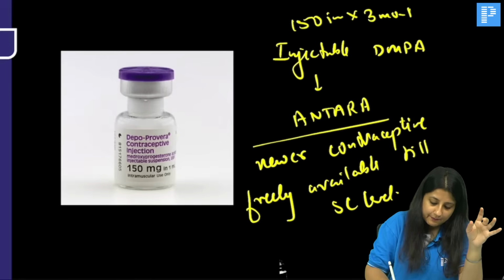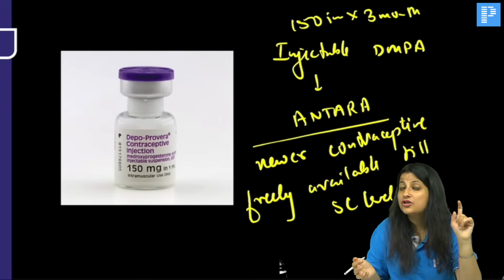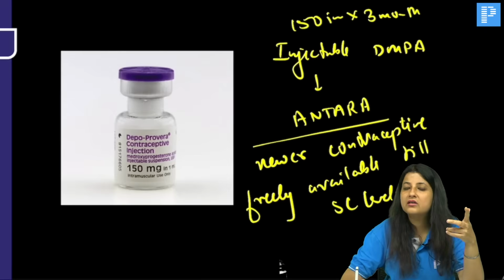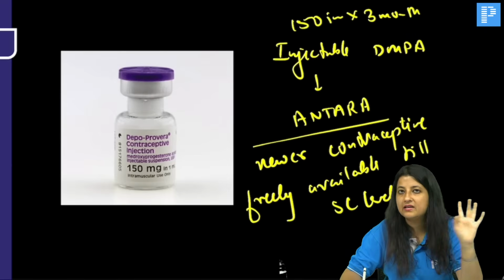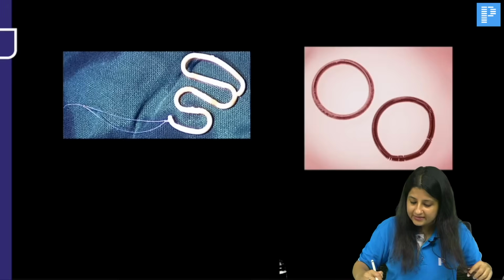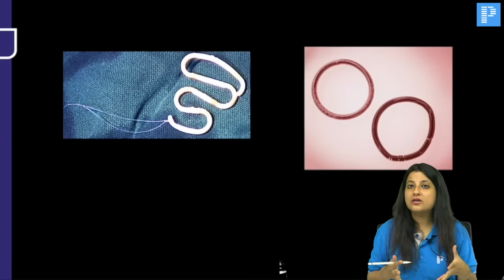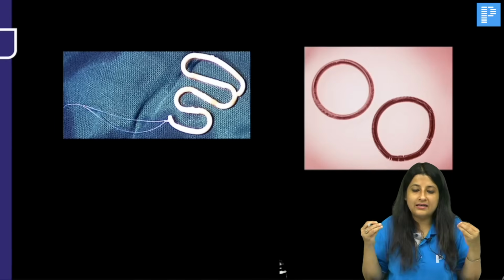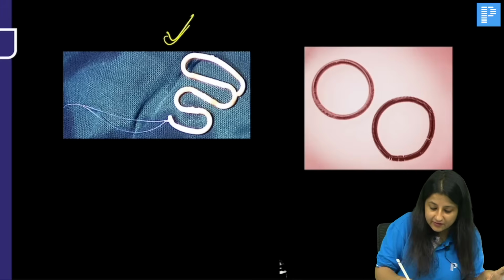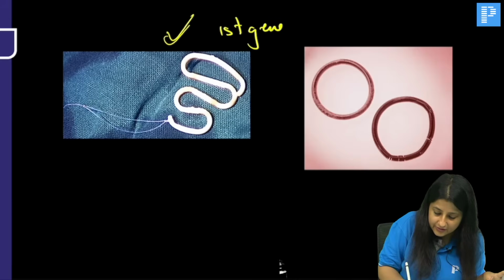But the other one is Chhaya. Chhaya is Centchroman, Saheli, which is a non-steroidal hormonal contraceptive, a once a week pill developed by the Central Drug Research Institute, Lucknow. Okay, what are these contraceptives, guys? Last time they asked this one. It is no longer used, it is inert. These are first generation IUDs.